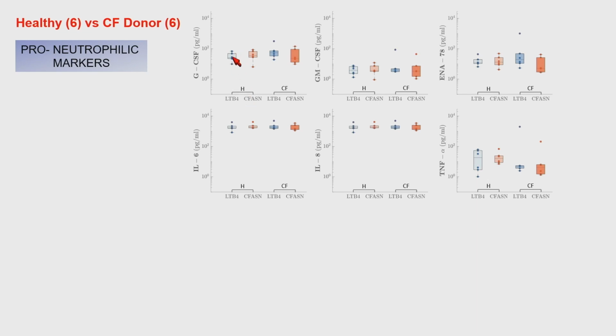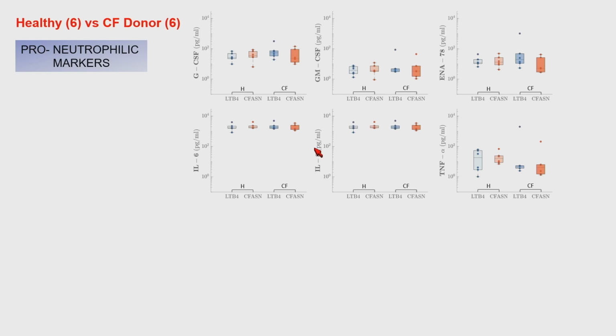In this graph, the blue and blue represent the neutrophils transmigrated towards LTB4, whereas the red ones are transmigrated towards CFASN. The first 2 box bars represent healthy donors, and the third and fourth represent the CF donors. One thing that is certain is that there is no donor-specific difference. However, the IL-6 and IL-8 seem to be very saturated. So this suggests that we need a rerun.